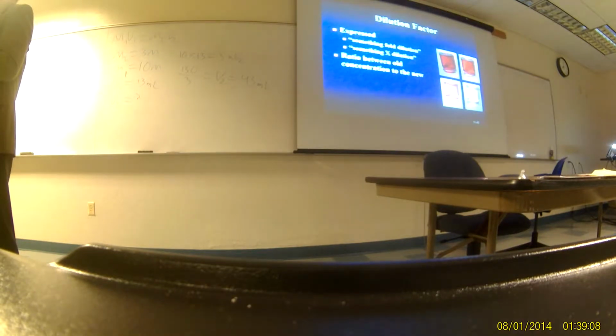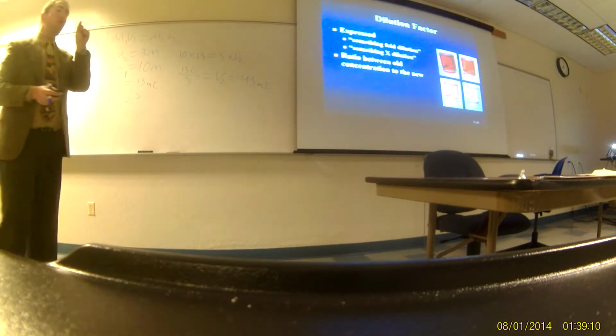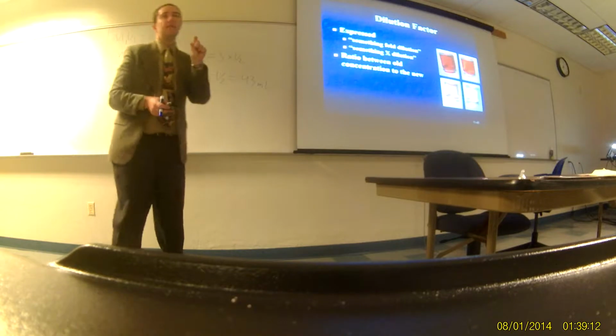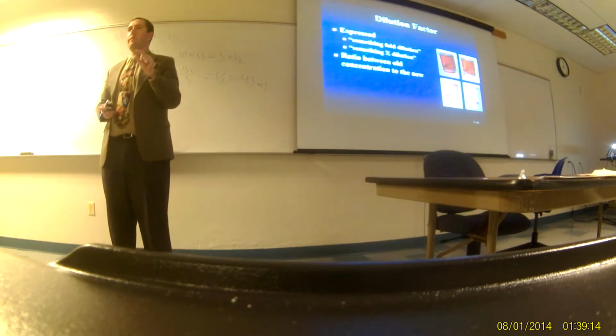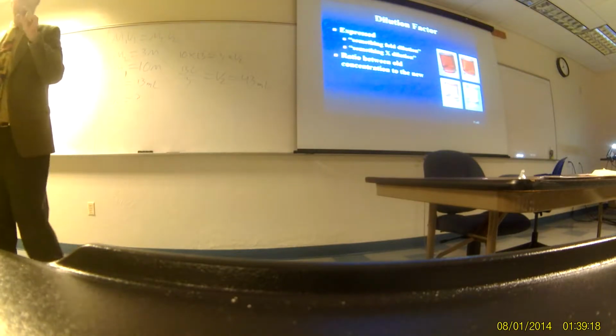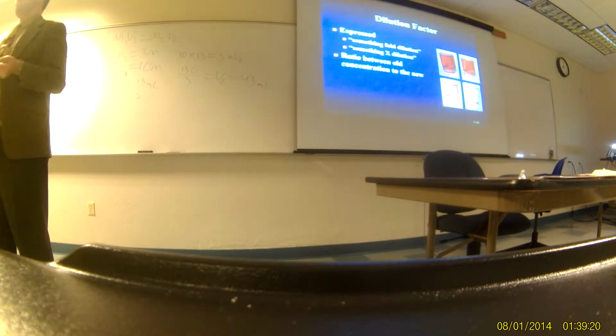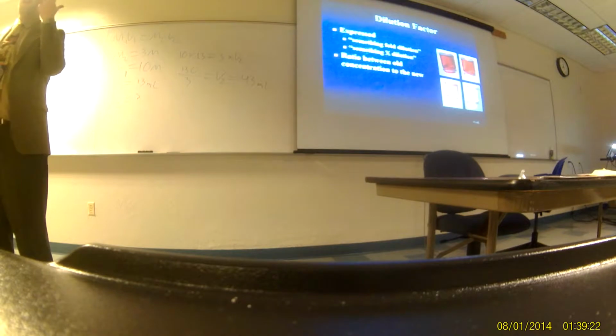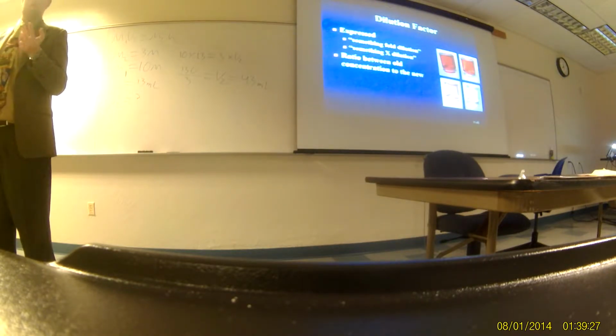So if I'm in the lab and I have a test tube and I know it has 5 milliliters in it, and somebody tells me I need to do a 2-fold dilution on that, all I have to think is, if I'm doing a 2-fold dilution, I need to double my volume. I'm starting with 5, so I need to dilute it to 10.